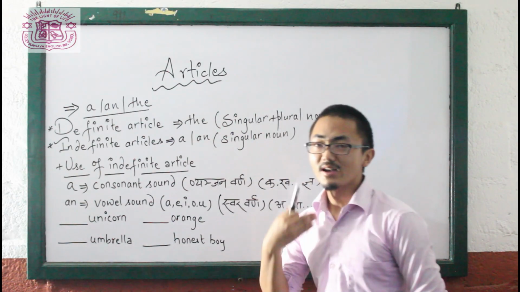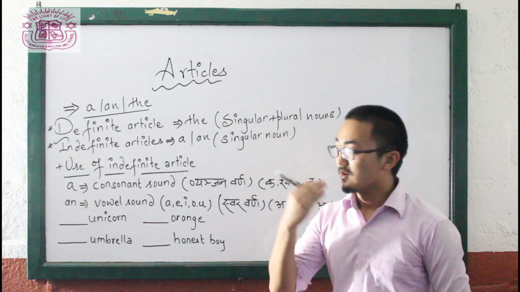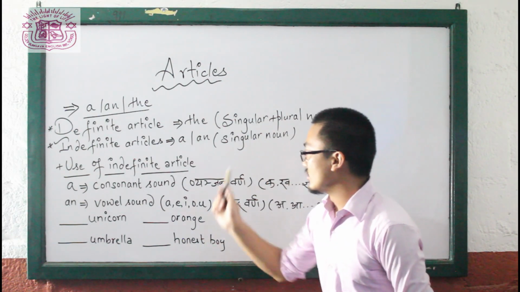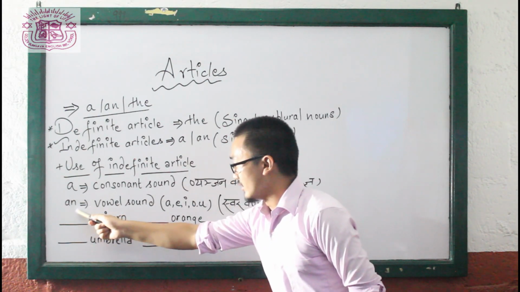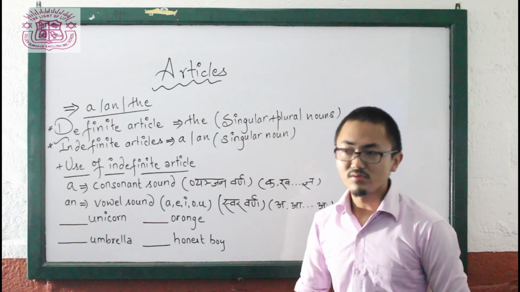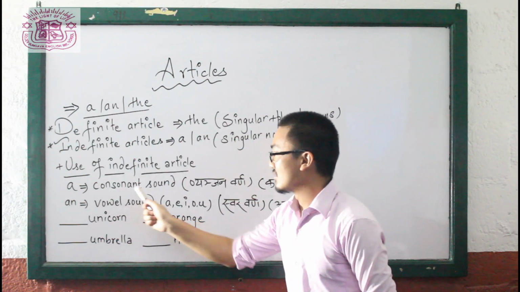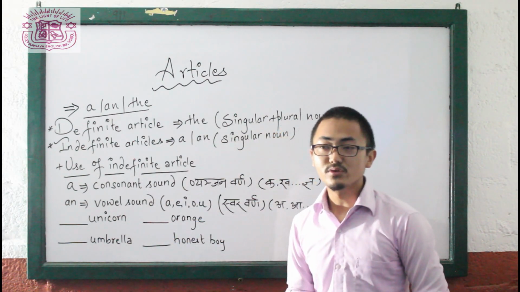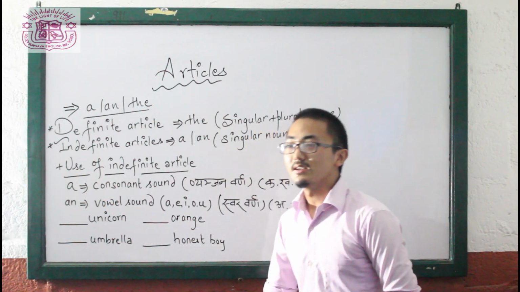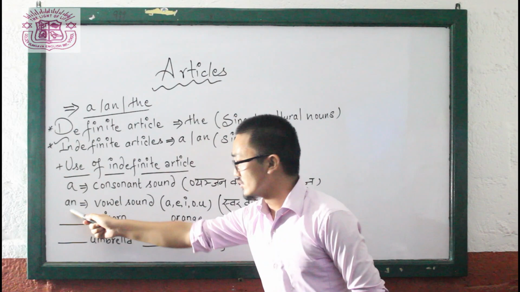But now in higher classes, from class 6 to 7 or in upper level, you have to use a or an on the basis of the pronunciation. Pronouncing any kind of word, if it sounds like a consonant sound, then you have to use a, but if it sounds like a vowel sound, then you have to use an.